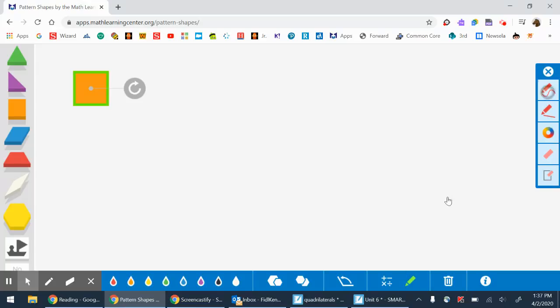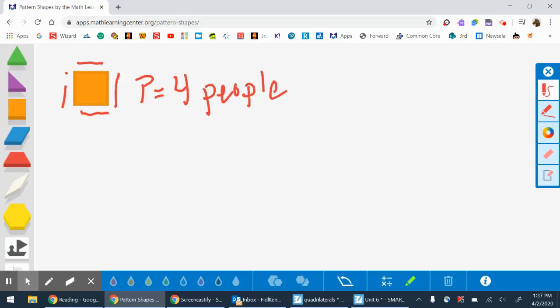Now remember, one side of the table is going to seat one person. So like this square right here, this would be one person, a second person, a third, and a fourth. So remember, the perimeter of this table is 4 people or 4 animals. Okay, so we're only fitting one person on a side. So remember, your perimeter is going to be 20. Please remember that perimeter is different than area.